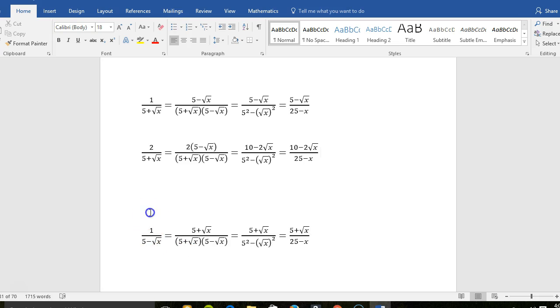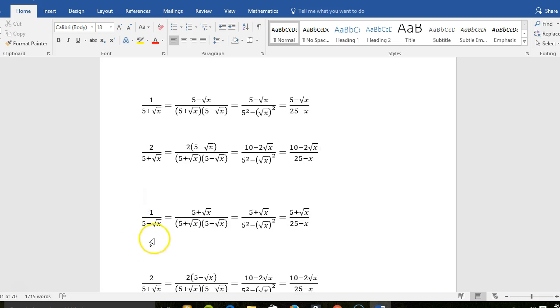Let's look at this next example. 1 over 5 minus radical x. Well, this time you stick 5 plus radical x down here and up here. You already had 5 minus radical, so the 5 plus radical is the new thing, so you got to put it down here and up here.